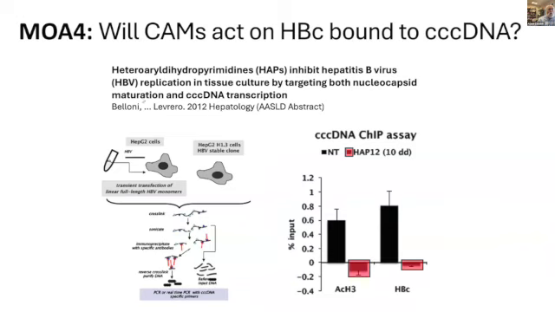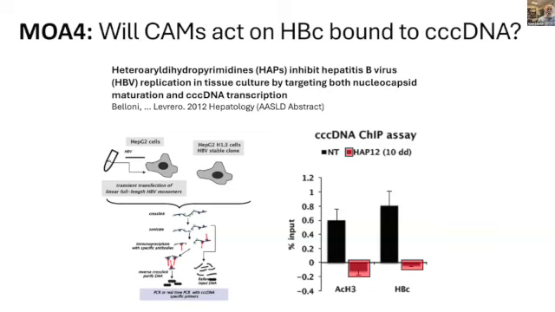A bit over 10 years ago, Massimo Levrero and collaborators showed that HAP molecules, a CAM-A, were able to affect HBV epigenetics, both in a transiently transfected cell line or in a cell line that is stably transfected and able to accumulate cccDNA. Samples were ChIPed down and tested for epigenetic markers.